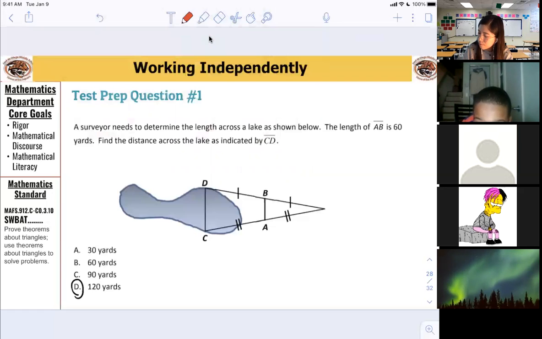Because you have to get a total of 180 to have a triangle. No, that would be if we were talking about angles, but that's not what we're talking about.